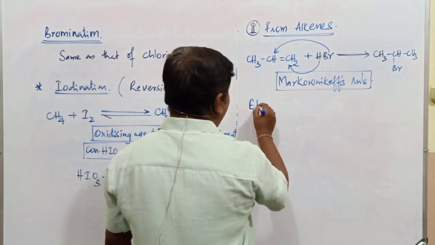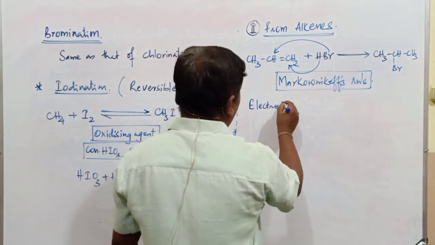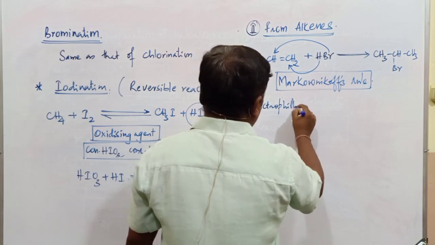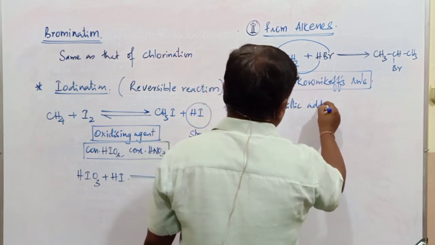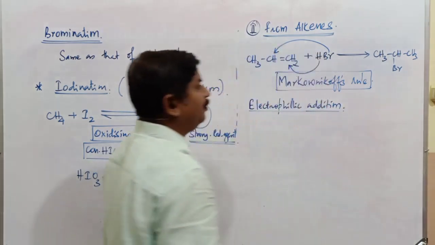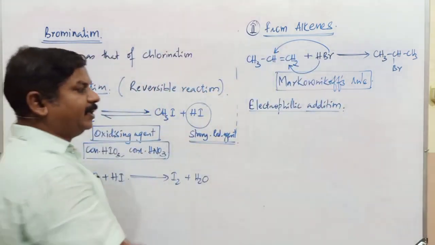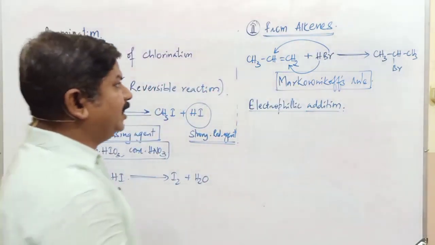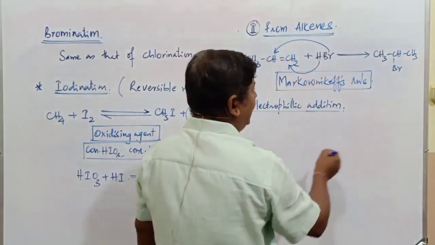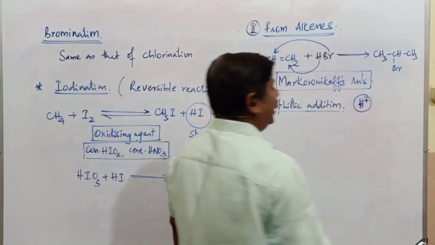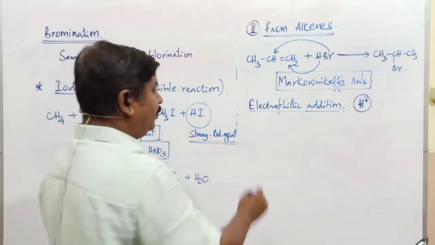And this reaction follows an electrophilic addition reaction. Already I have said about this electrophilic addition reaction, so I won't go into much detail, because addition of the electrophile, that is H+, takes place in the beginning, and that is considered the slowest step.